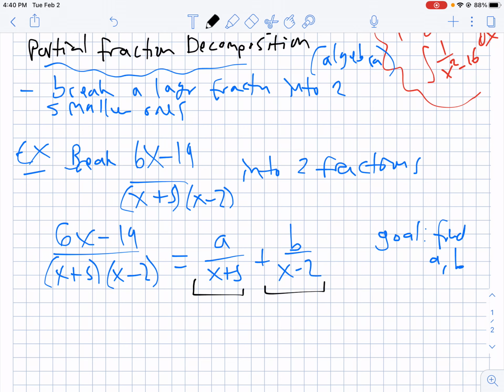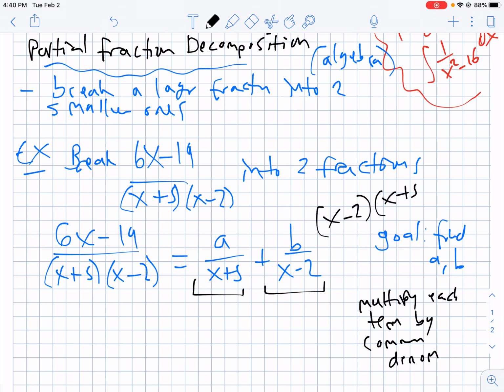The first thing we're going to do is multiply each term by the common denominator. We want to get all the fractions out of this equation, so we're going to multiply everything by (x minus 2)(x plus 5). On the left side, everything cancels, so we get 6x minus 19.